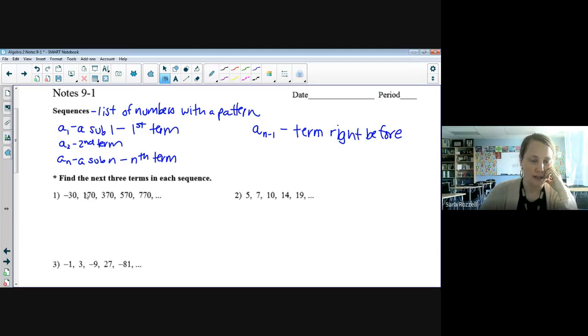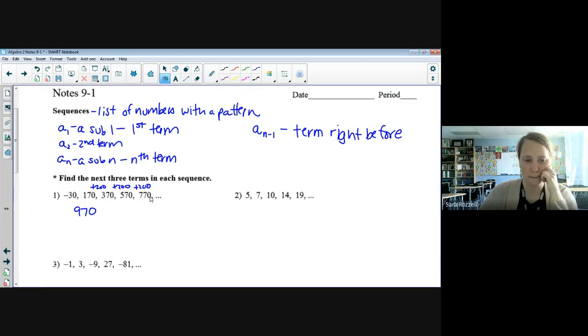I might not be really clear here because I'm going from a negative to a positive, but I'll just look at the others and see if I see a pattern. From 170 to 370, I'm adding 200, right? 370 to 570, I'm adding 200. So is there a pattern here that we see that's happening every time? Yep, we're going to add 200. So the next one would be 970.